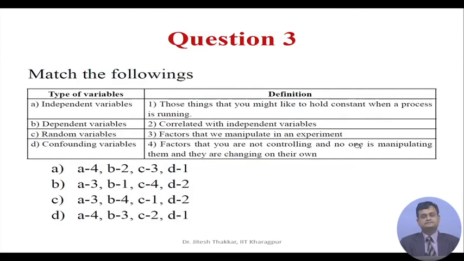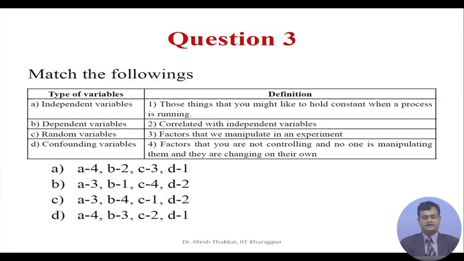Question 3. Match the following: type of variables and definition. Independent variables A, dependent variables B, random variables C and confounding variables D. You are given a set of definitions which you can see on the screen on the right side. 1. Those things that you might like to hold constant when a process is running. 2.